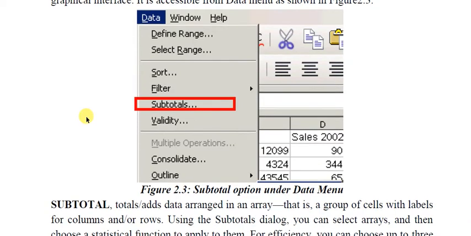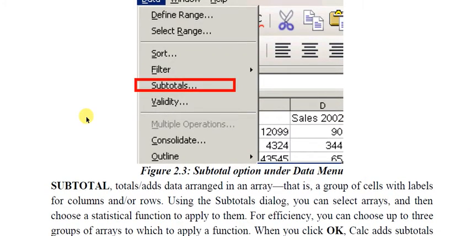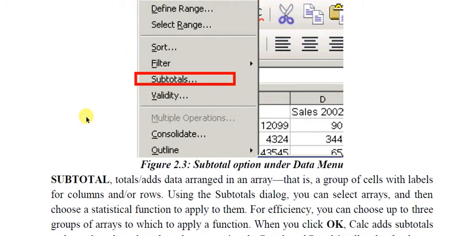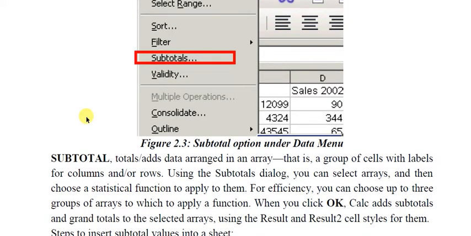Now, what the subtotal does is, it totals or adds data arranged in an array, meaning a group of cells with labels for columns or rows. So, using the Subtotals dialog, you can select arrays and then choose a statistical function to apply to them.